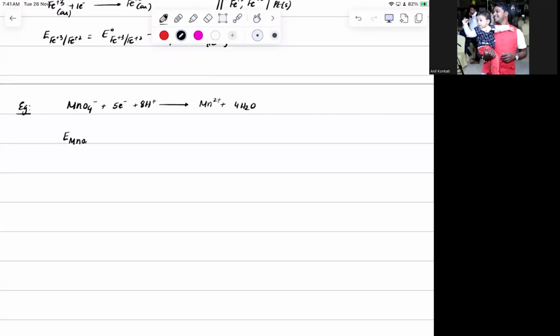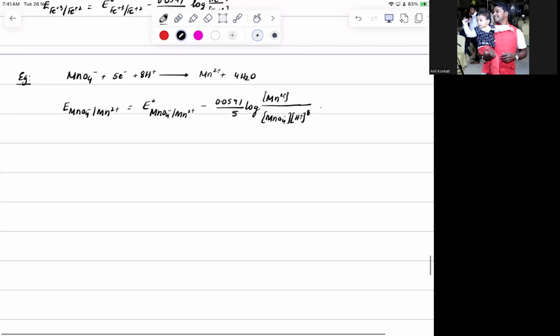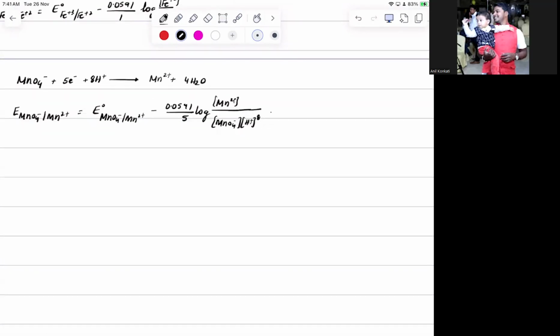E of MnO4 minus to Mn+2 is equal to E naught of MnO4 minus to Mn+2 minus 0.0591 by 5 log of Mn+2 concentration divided by MnO4 minus concentration multiplied by H+ raised to the power of 8. So this is how you represent it. Clear, guys? In fact, the value of E naught in this case is 1.51 volts.